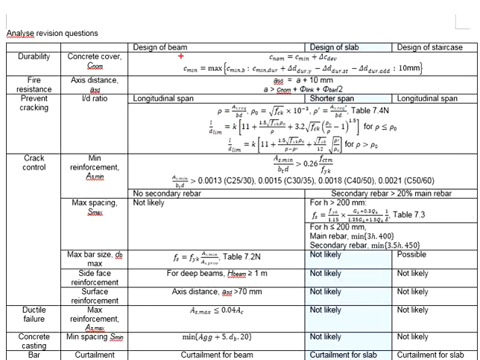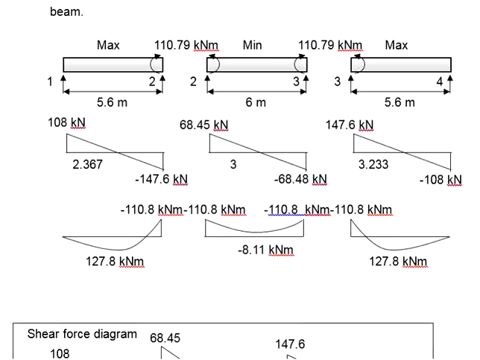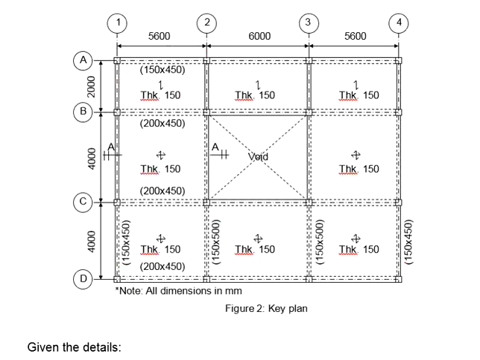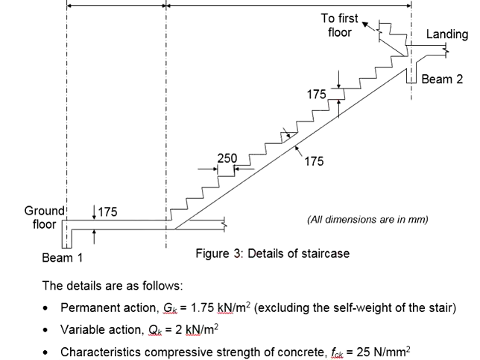Therefore, for a beam, the L will be the effective length between two supports, whereas for the slab, the effective length will be due to the shorter span of the slab. And for the staircase, the effective length will be the distance between two beam supports.